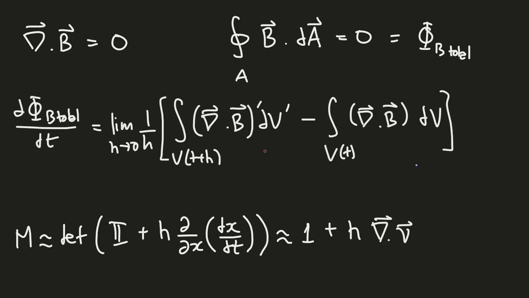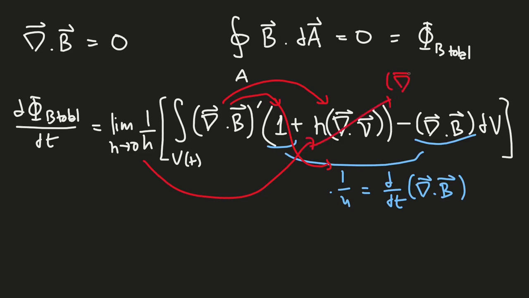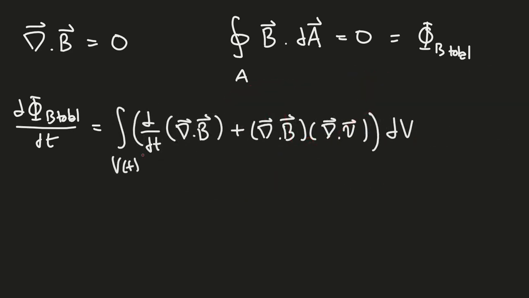So by using this, we will get the transformation for dV prime as this, and then take a look that this part creates this differentiation, and by the other multiplication distribution we will get this limit, and applying the limit we will get this. So the next result is this.